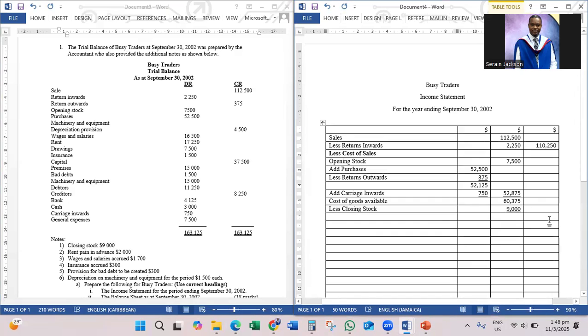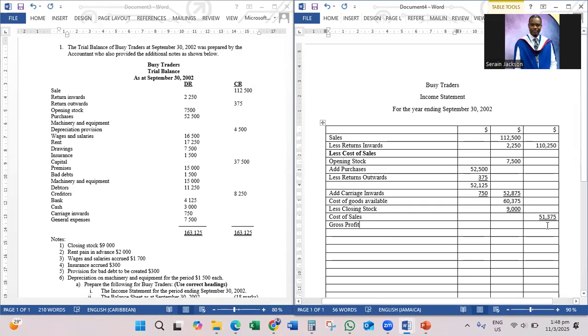Subtract it. So you're supposed to get 51,375. And that now is our cost of sales, which is what we're going to now subtract from our net sales to get our gross profit.